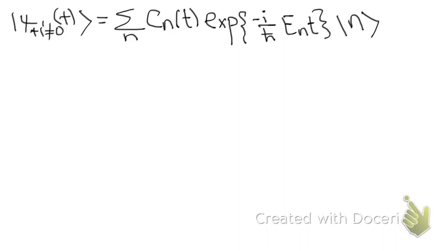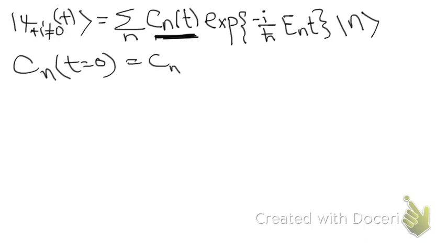Now let's see how my Cn of t, the expansion coefficient, will evolve, or will have this time dependence. Before we do that, let me mention that my Cn at t equal to 0 will simply be my Cn at 0.